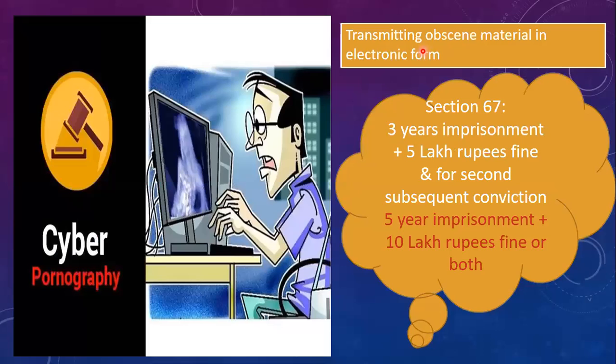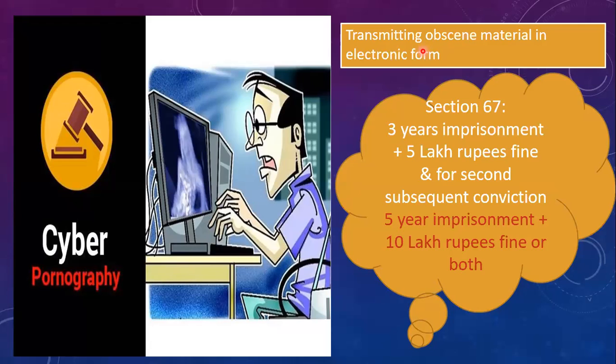Going further, we have section 67. Section 67 is about one who transmits any obscene material in an electronic form. Anybody who publishes, transmits, or causes to be published in an electronic form any obscene material on the internet is punishable under section 67.